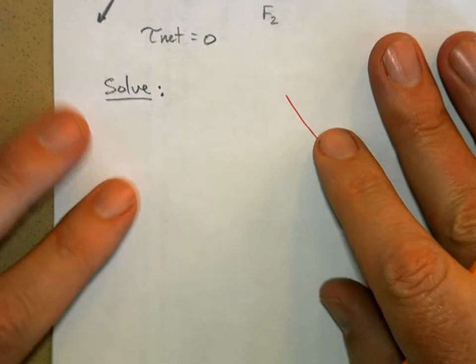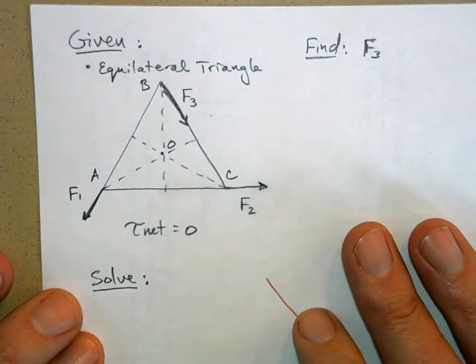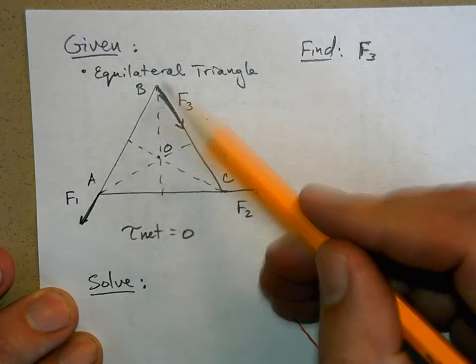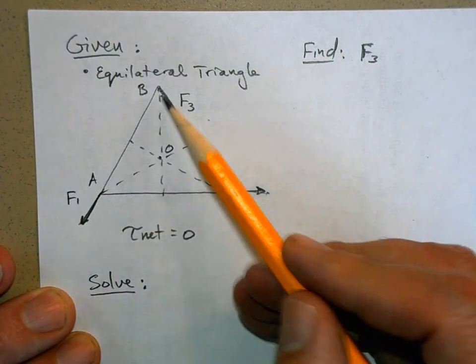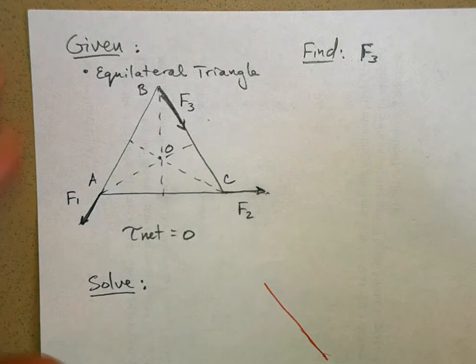So I drew a little picture of it right here. Here's my equilateral triangle. Here's F1 and here's F2, okay? And here's F3 along here.